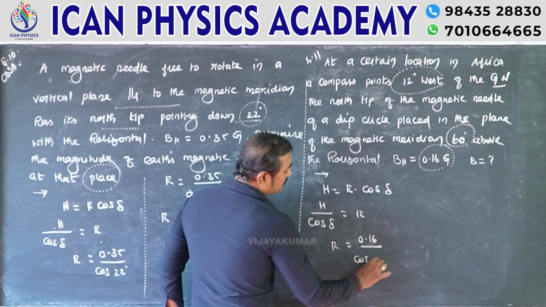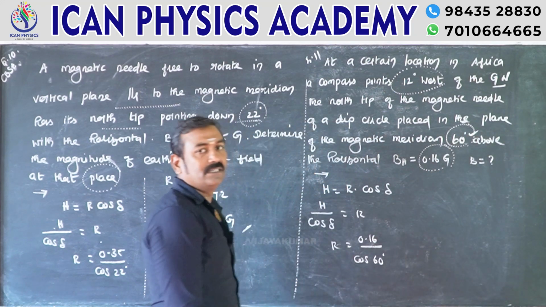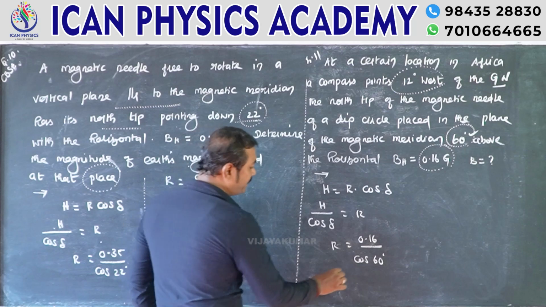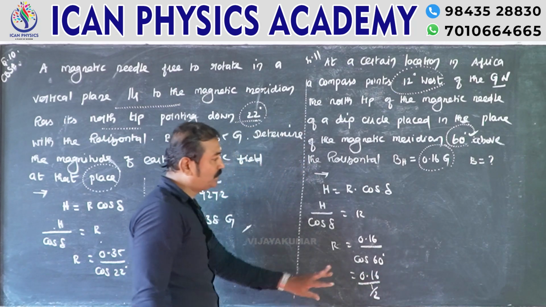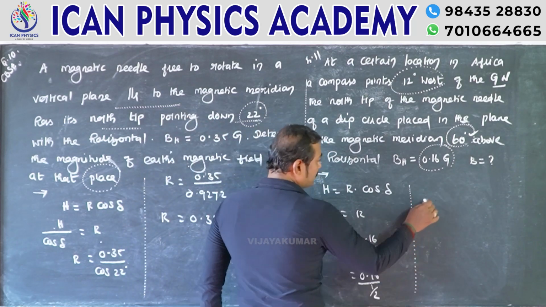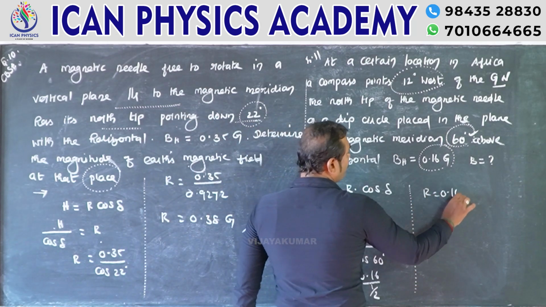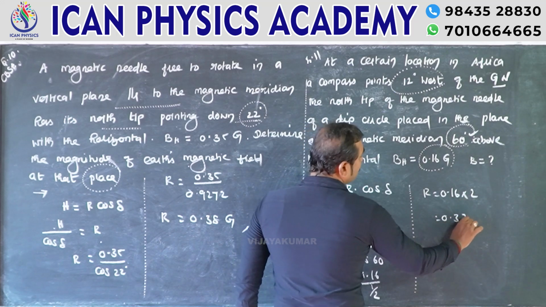So cos 60 degree. So what is the angle? 60 degree. So what is the value of cos 60? 1 by 2. So 0.16 divided by 1 by 2. So the 1 by 2 becomes a reciprocal. So it becomes R equal to 0.16 into 2. So when you are multiplying, then you can get 0.32.